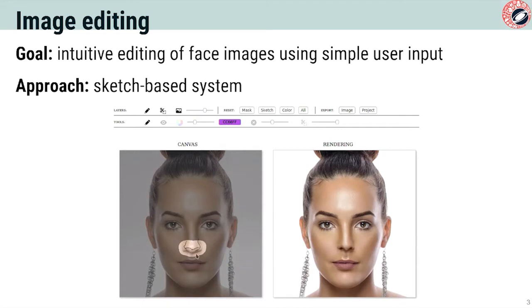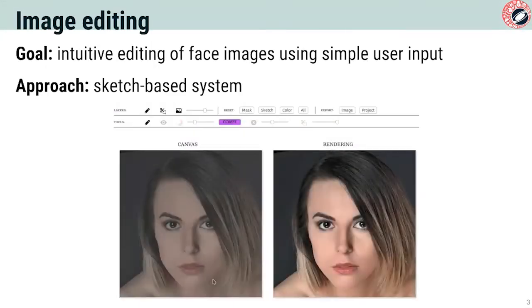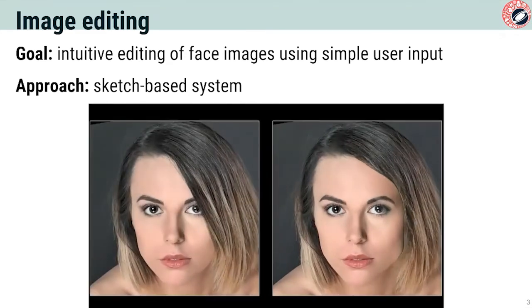But as soon as the mask is provided, the region is resynthesized on the right, and the user can continue to sketch interactively. So in this second example, the user also changes the hairstyle by providing a simple outline where the hair should be and drawing the mask to resynthesize, and then a few refining sketch strokes to indicate edges to get the final shape of the eyes.